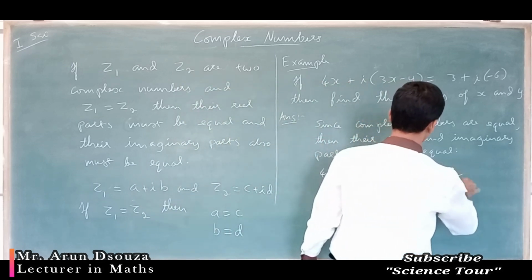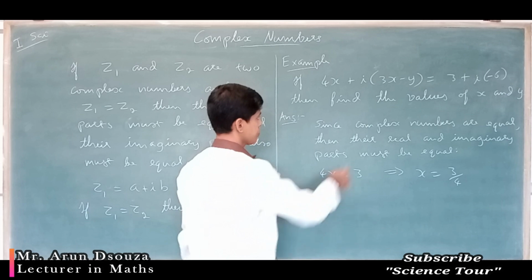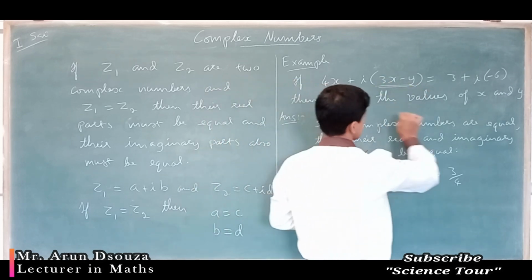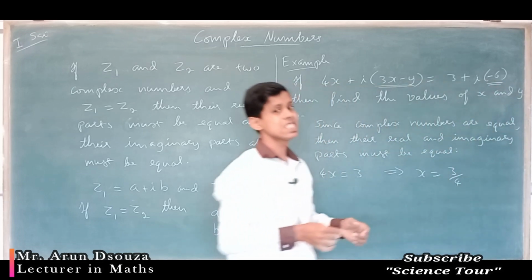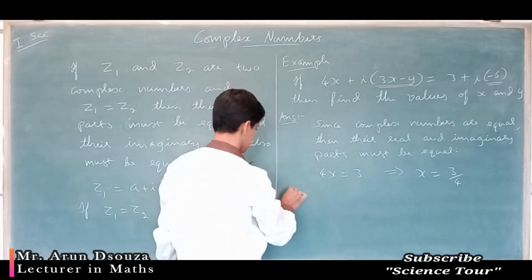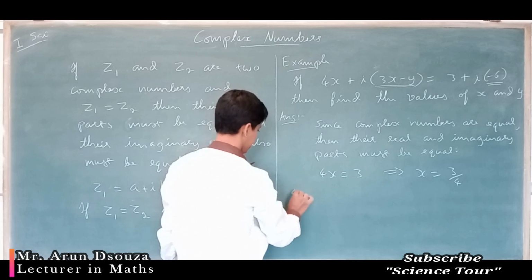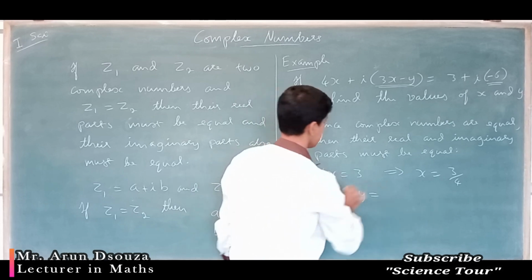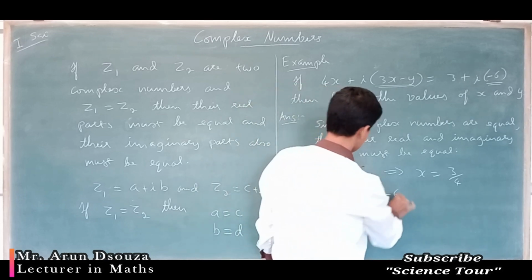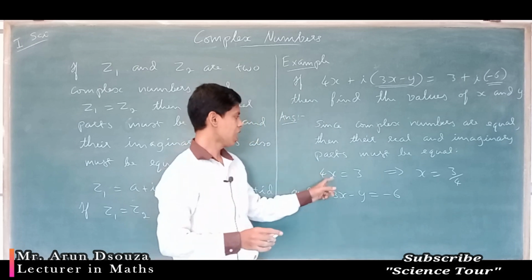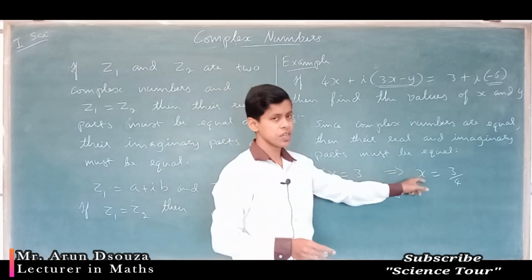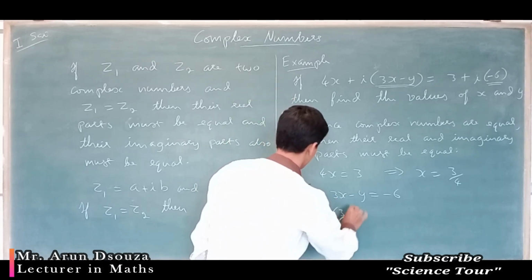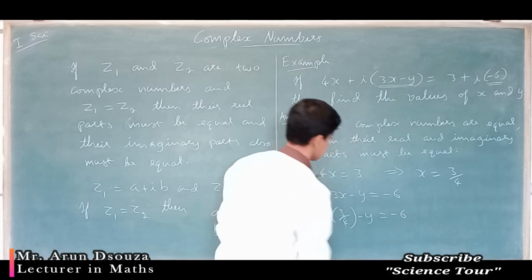So x is equal to 3 by 4, and the imaginary parts must be equal. What is the imaginary part here? It is 3x minus y, and the imaginary part on the other side is minus 6. So 3x minus y must be equal to minus 6, right? Now we know the value of x. Let us substitute here. The value of x is 3 by 4, so 9 by 4 minus y is equal to minus 6.